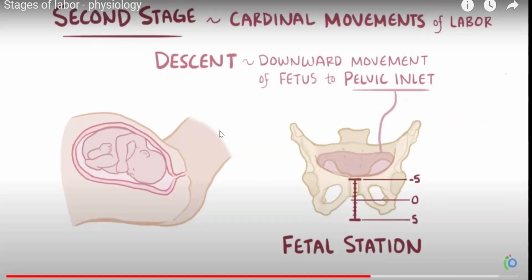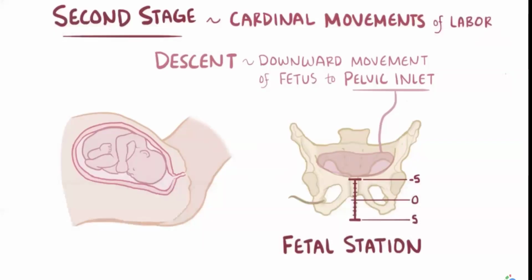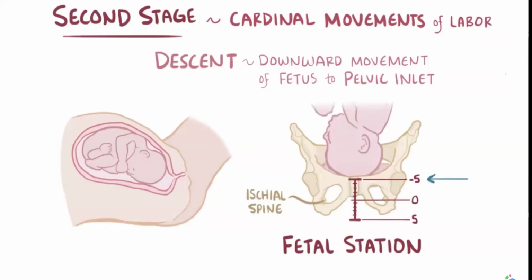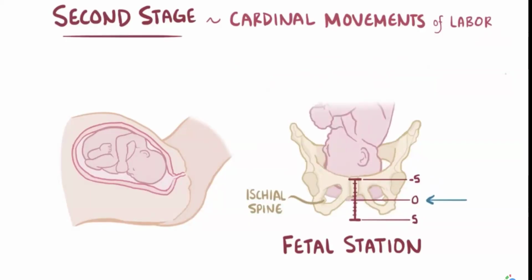They don't ask what is the station of the fetus, but they always give you a clue about whether the fetus is engaged or not. Okay, so listen to this carefully. It is the relationship of the presenting part to mom's ischial spines. The fetus moves from the pelvic inlet, which is at about -5 station, down to the ischial spines, which is station 0, and this position is called engagement.